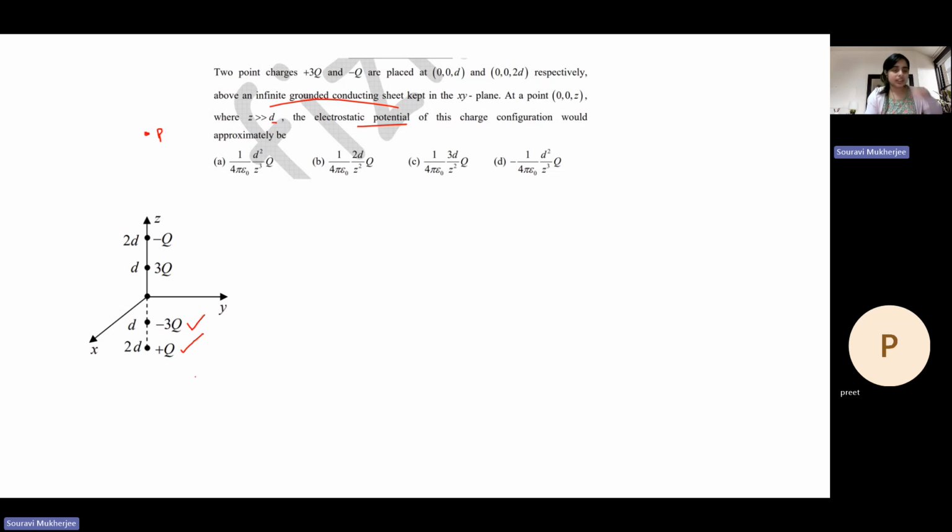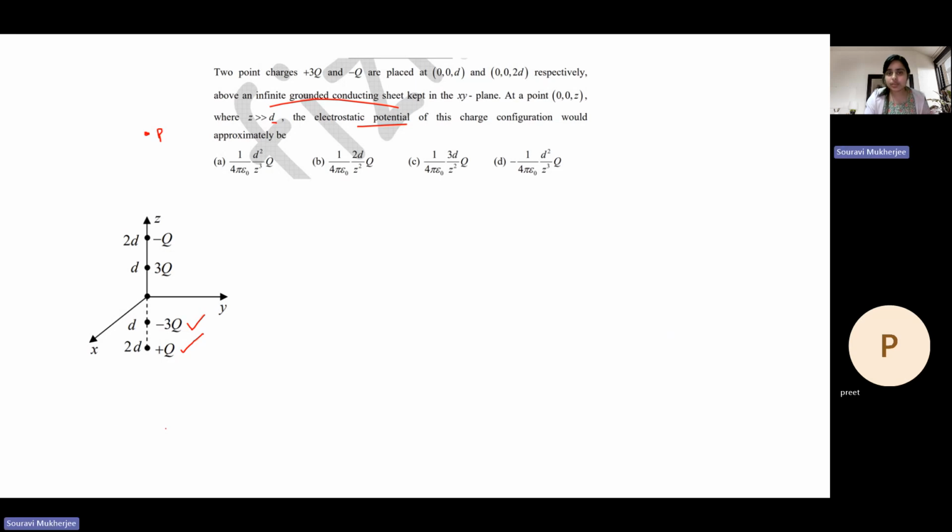If you have some combination of charges and you are very far from the distribution, the first order effect should come from considering the entire charge distribution as a point charge. But that effect will not be there here, because the net charge is 0.